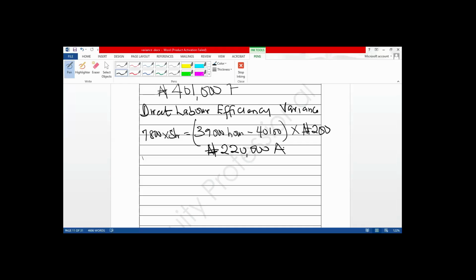You are done with figure 2. Figure 3: variable manufacturing overhead variances.